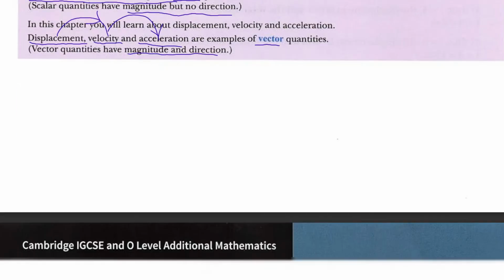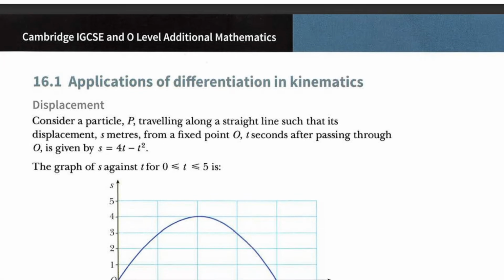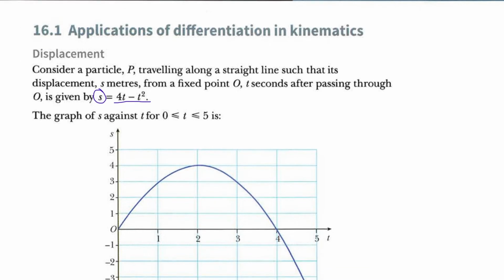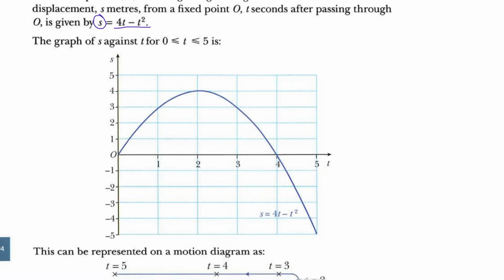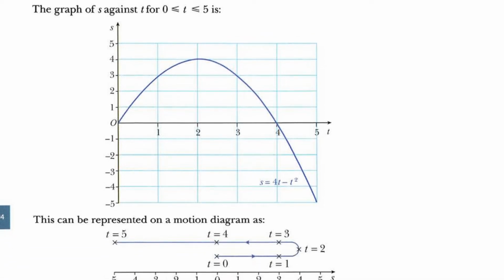Displacement is usually expressed as s in terms of t, and the presentation is given with a graph. Here one graph is given from 0 to 5, showing displacement. From the displacement time graph we can find the distance as well. If you want the total distance, from 0 to 4 it travels a distance of 4 meters.